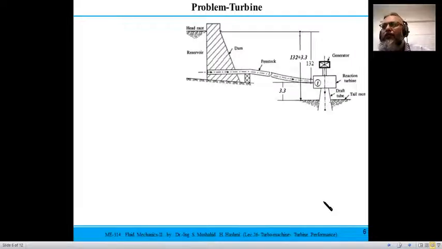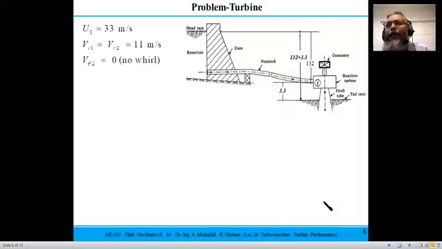The first thing is you have to draw the schematic of whatever the problem is, and then the next step is whatever is given. The peripheral speed, r omega, is given, which is 33 meter per second, and we have already seen that the fluid enters and leaves in the radial direction. So VR1 and VR2 would be 11 meter per second, and V theta 2 is 0 because there is no whirl at the discharge, which is mentioned in the problem. So that is something given from the problem.